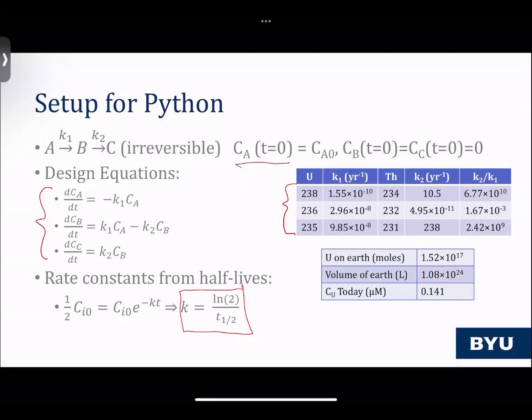If we look at the ratio of K2 over K1, we have a very large K2 over K1 in the case of uranium-238 and thorium-234. Then we have a very small one for 236 and 232, and then another large one for 235 and 231. And then I use this for modeling the Earth, the volume and the concentration.